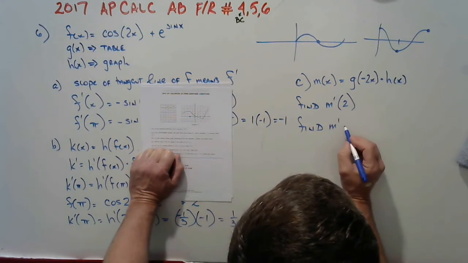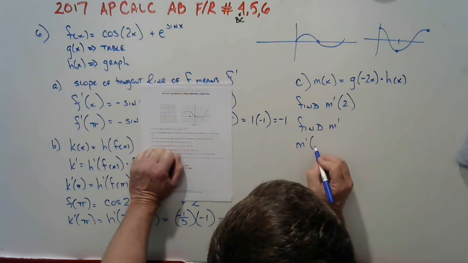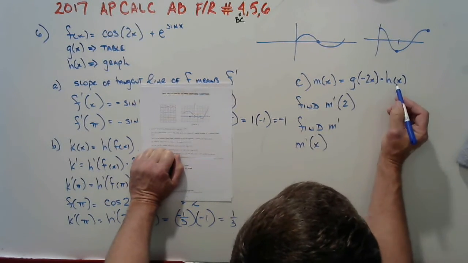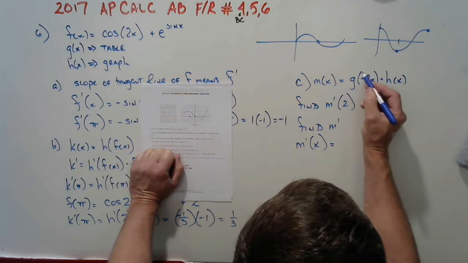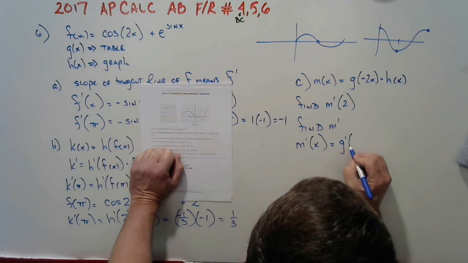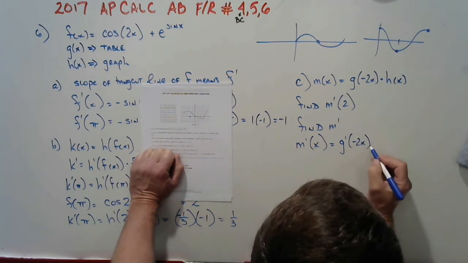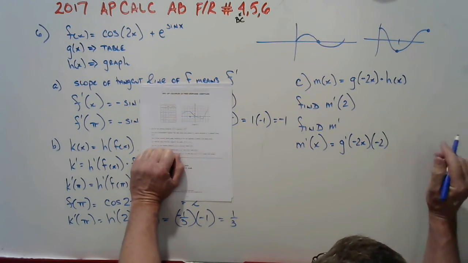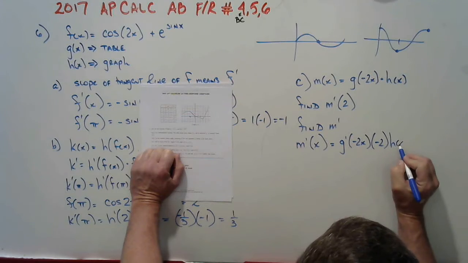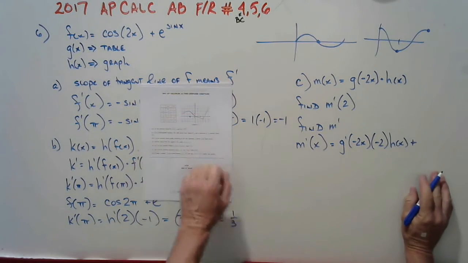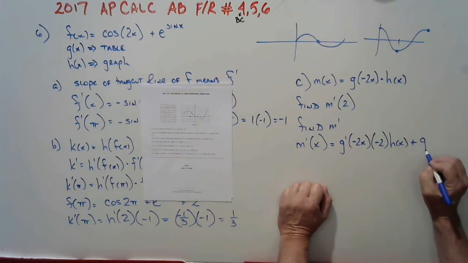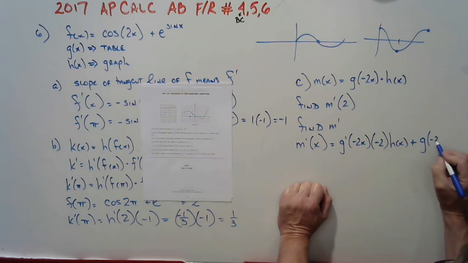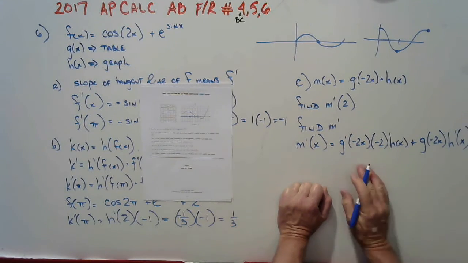Now this is a product, so m prime of x, we're going to have to do the product rule here. So that's going to be the derivative of the first one, that's g prime of -2x, times the derivative of what's inside, don't forget that, -2, times h of x, plus, to finish out the product rule, we get g of -2x, times the derivative of that, which is h prime of x.